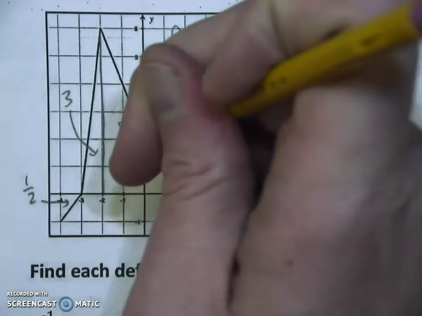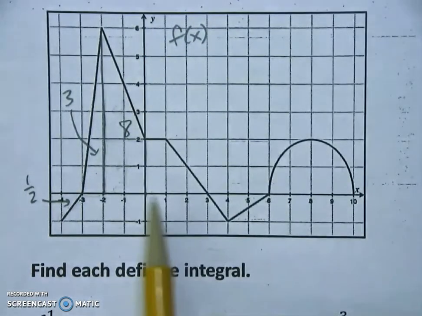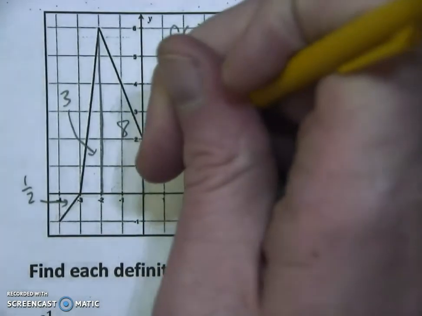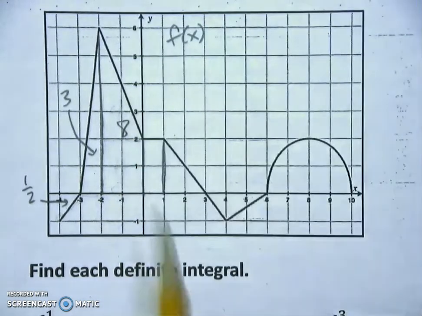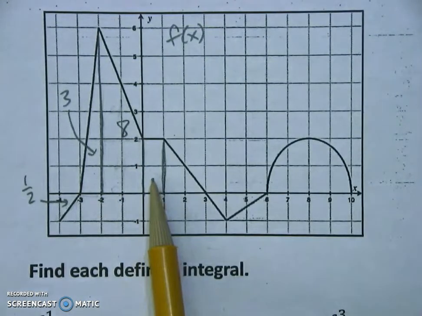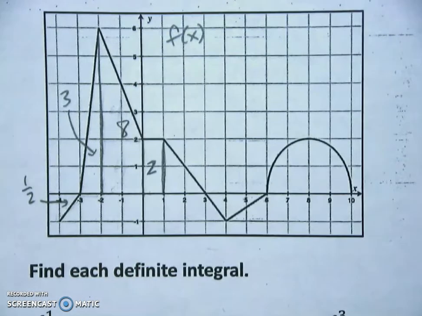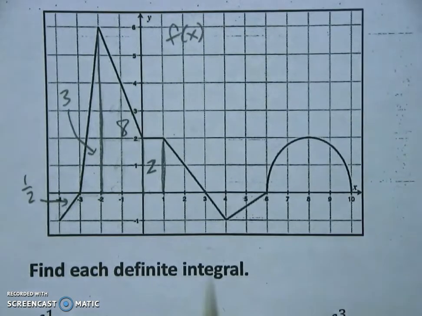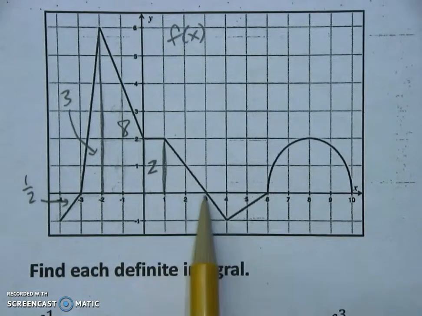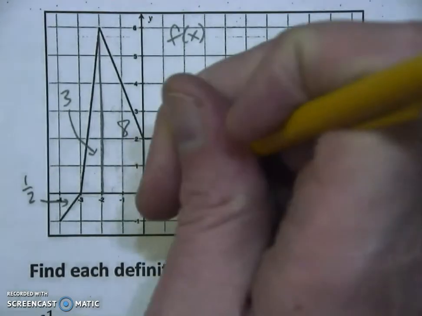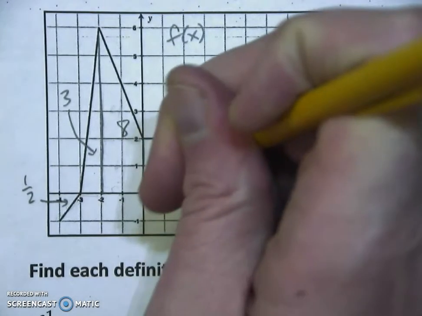I've got a rectangle between 0 and 1. It's a 1 by 2 rectangle. That area ought to be 2. I have a triangle between 1 and 3. That would be half of 2 times 2, which is half of 4, which is also 2.